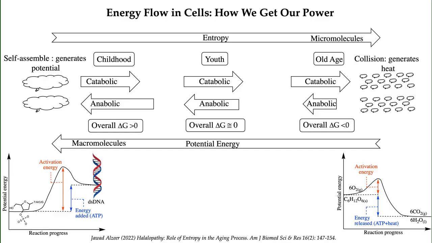So we talked about catabolic reactions. In general, in the body we have macromolecules, which are large molecules, it could be DNA or proteins, and usually those molecules are broken down into many small molecules, which are called micromolecules. In this case, we increase the number of small molecules, so we increase the possibility of having more arrangements, which also reflects an increasing number of microstates.